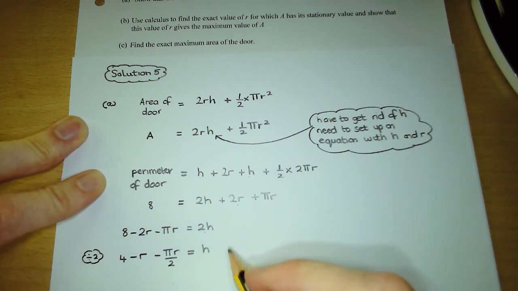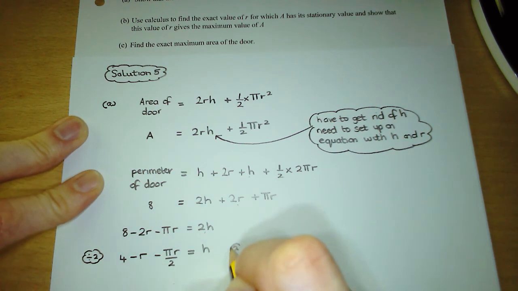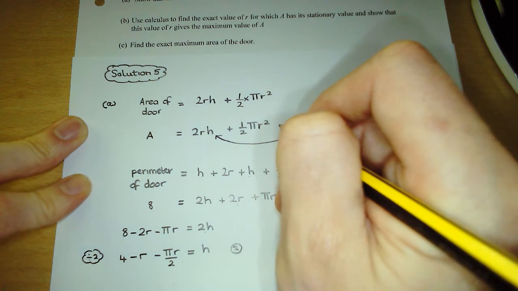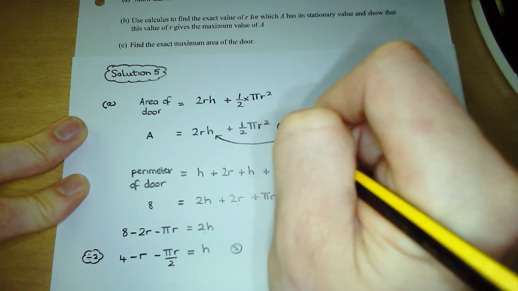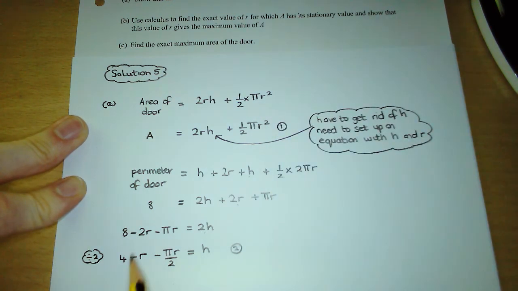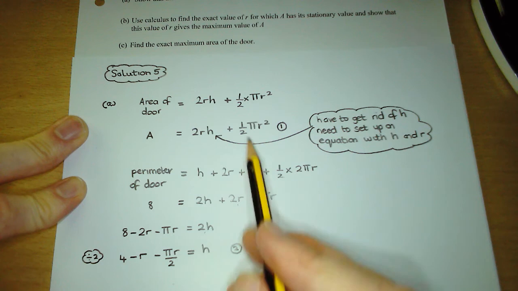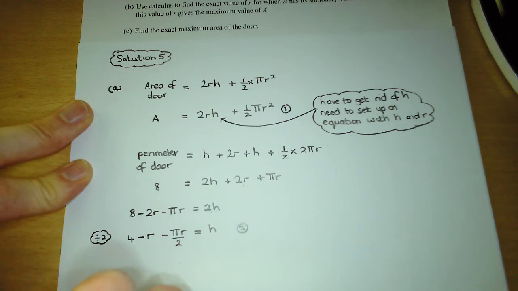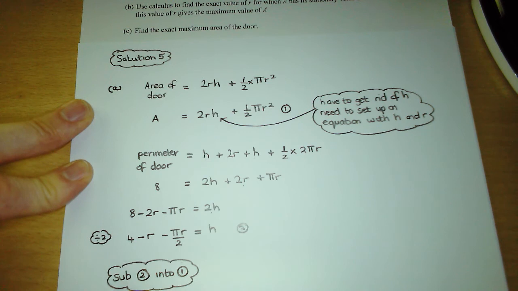Now I'm going to call this equation 2, and I'm going to call the original area equation equation 1. What we're going to do is sub this expression for h into equation 1. So we're going to sub 2 into 1. Let's see what happens.